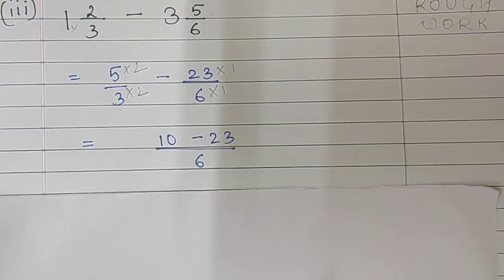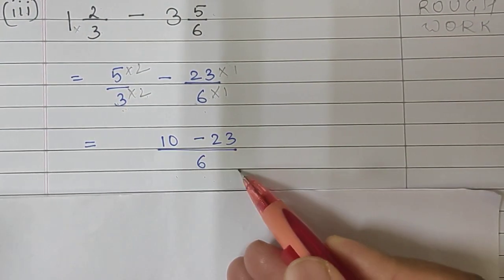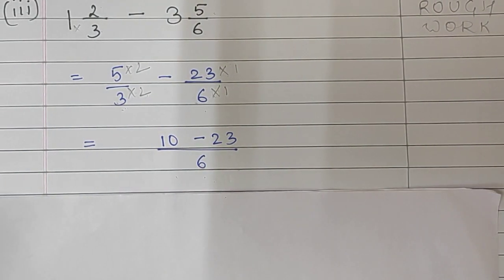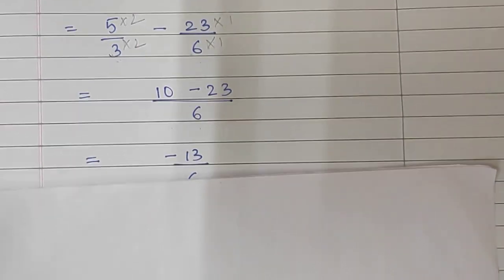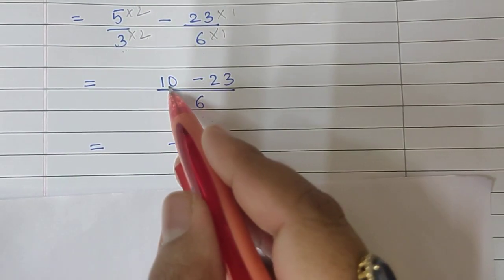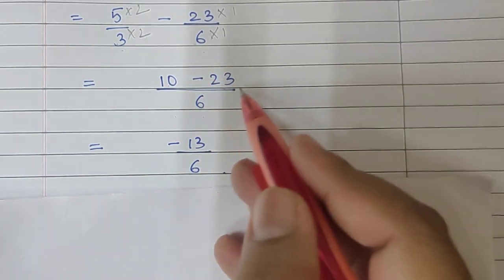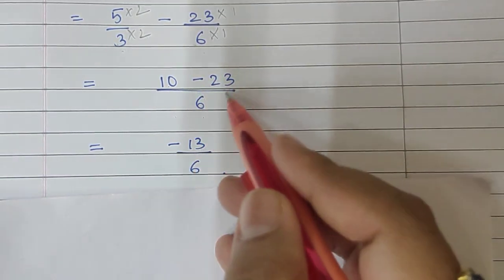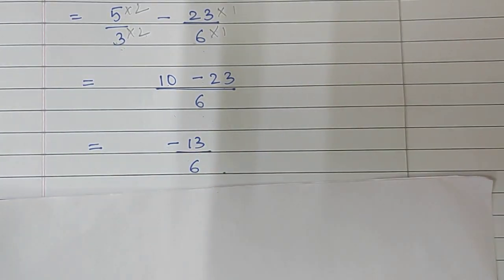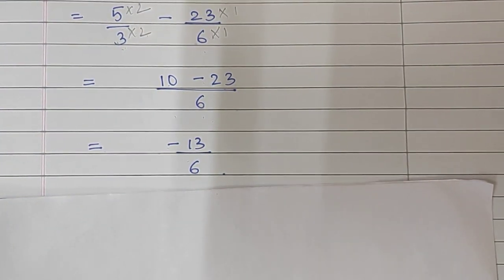So 10 minus 23 upon 6. This is a very simple sum, boys. You all should be able to do it on your own. Okay. Now here, always remember, you have to subtract and take the sign of the bigger number. Here the bigger number has the minus sign. So it becomes minus 13 upon 6.